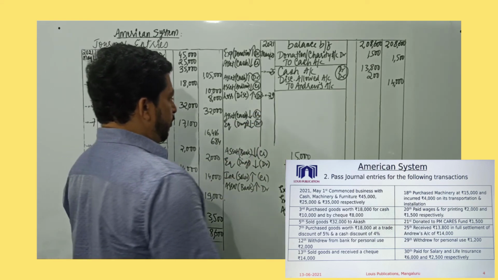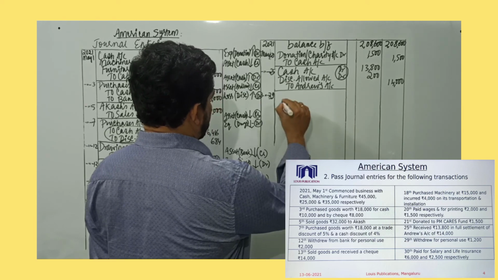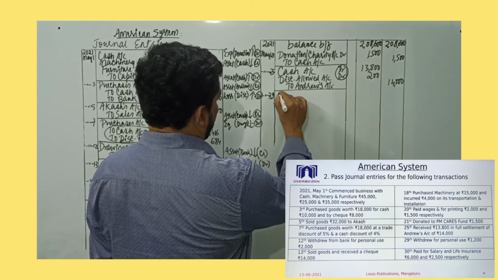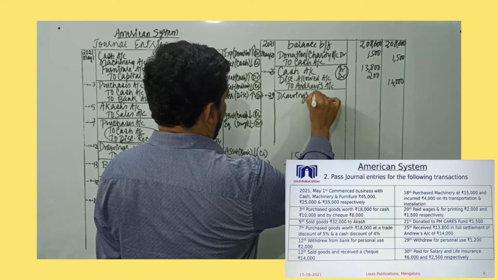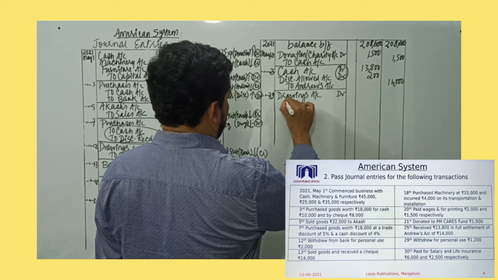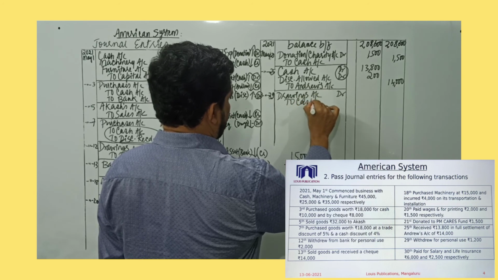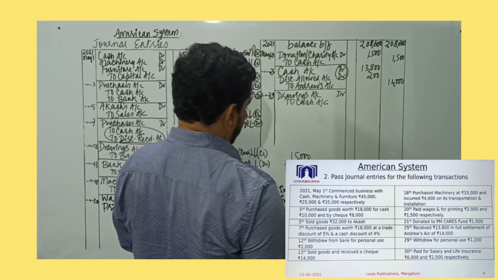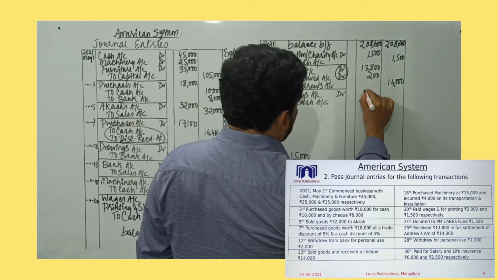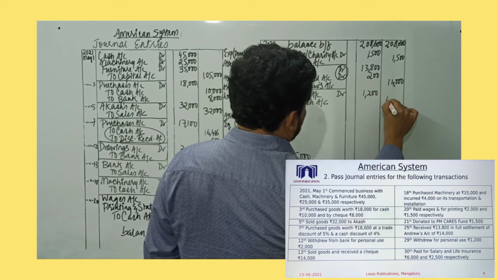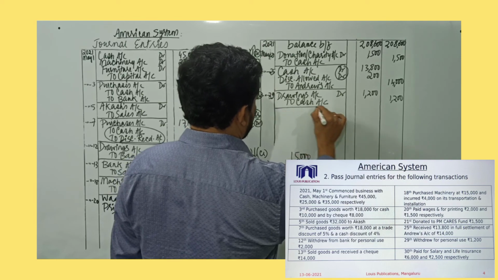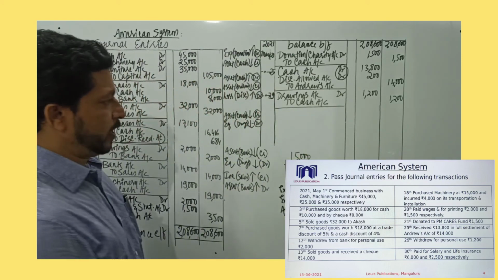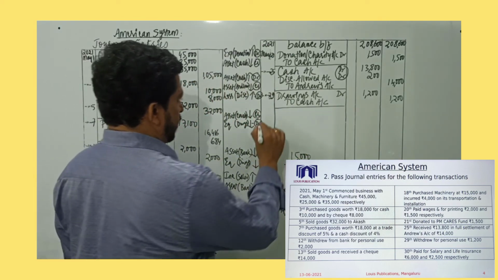So the journal entry for withdrew from business for personal use would be drawings account debited to cash account. The amount withdrawn is 1,200 rupees. So drawings account debited to cash account 1,200.